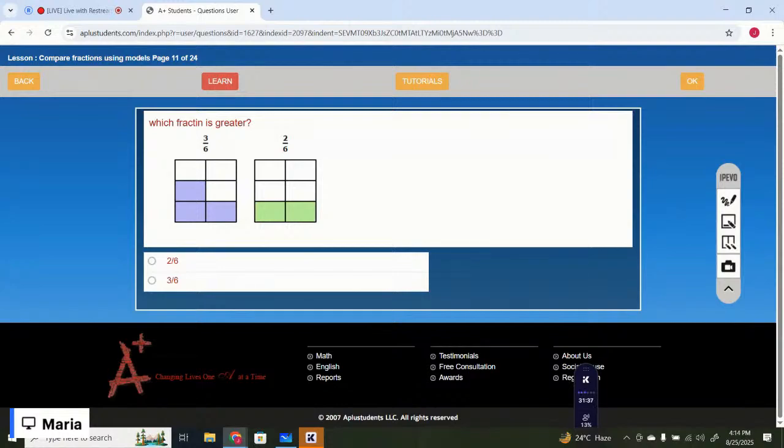Which fraction is greater, 3 by 6 or 2 by 6? 3 by 6 is greater than 2 by 6. Option number 2 is the correct option.